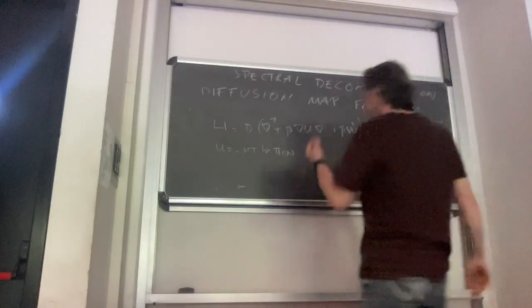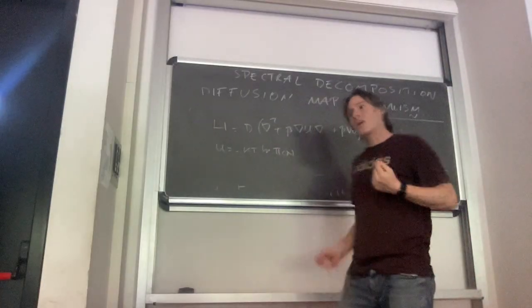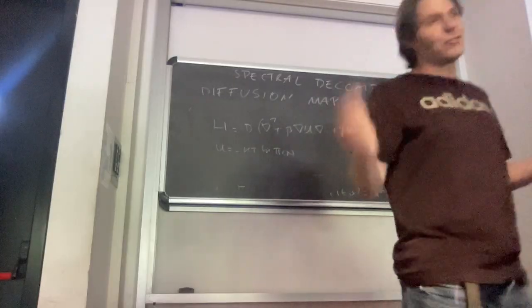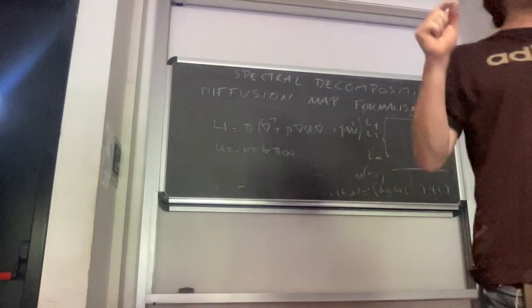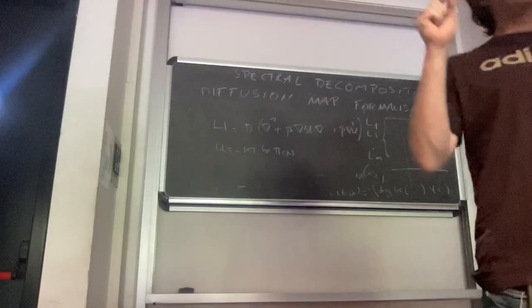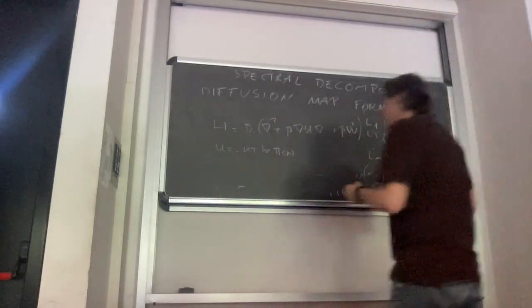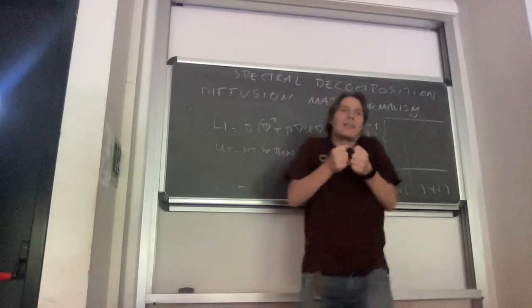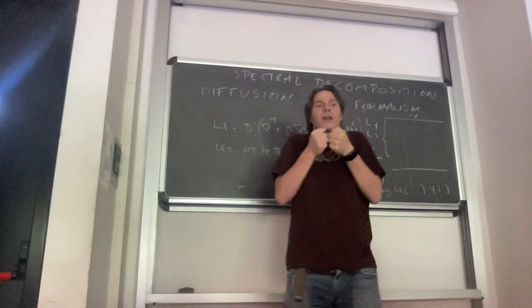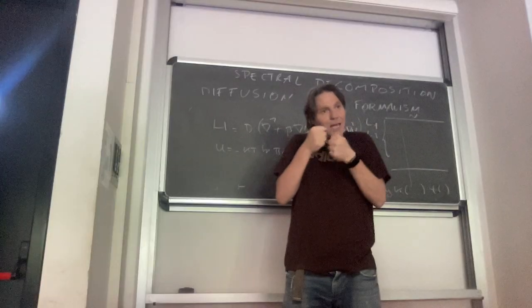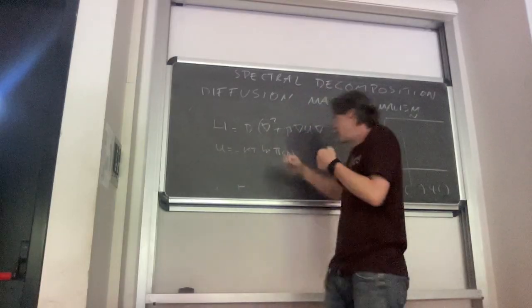So, the diffusion map formalism works because your points are not placed completely at random. They are sampled from the equilibrium distribution. And basically, the diffusion map formalism can decode the information of the underlying equilibrium distribution from the relative distance of the points, and stochastically estimate the underlying distribution.